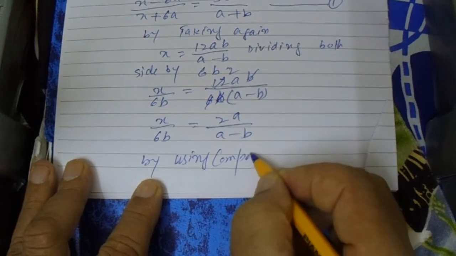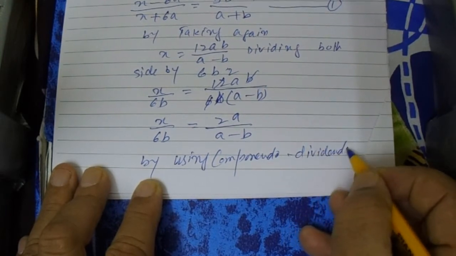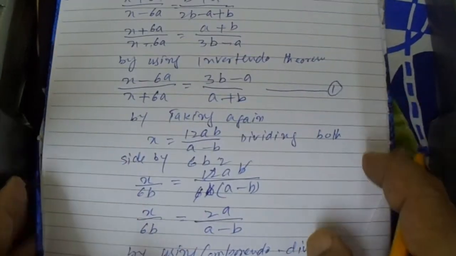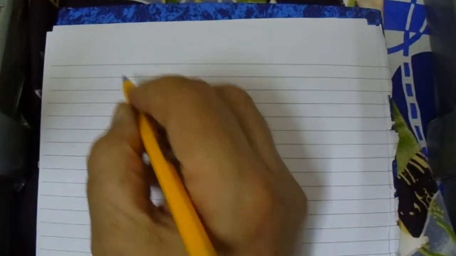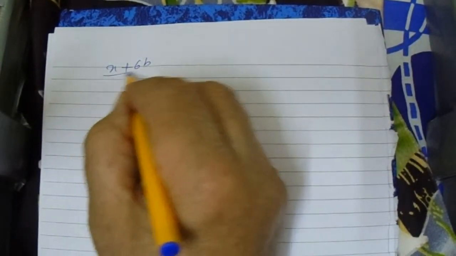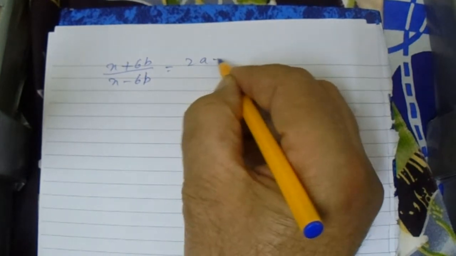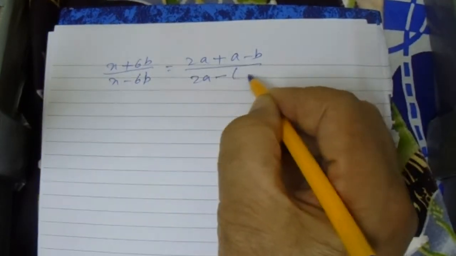By using componendo dividendo theorem, we write again: x plus 6b over x minus 6b is equal to 2a plus a minus b over 2a minus a minus b.